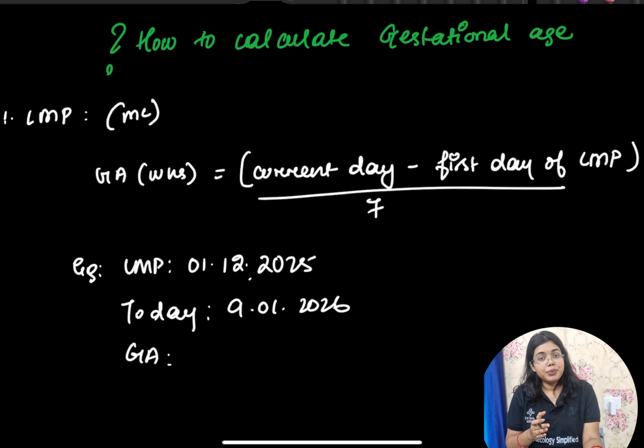The signs, symptoms, the probable signs, the probable physiological changes in pregnancies, everything depends on the gestational age. The timing of delivery, the expected date of delivery, it is very, very important.